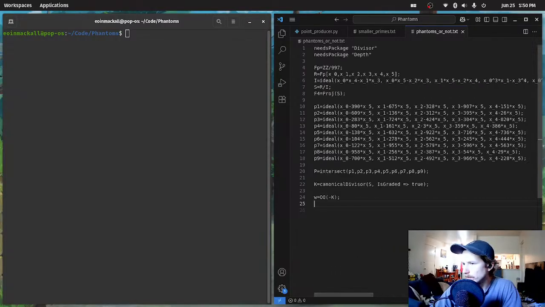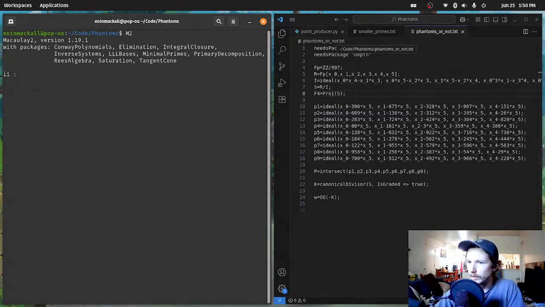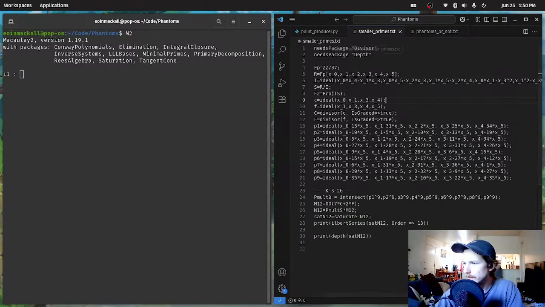So one of these should potentially be given by this ideal inside this ring. That should be the Segre embedding of another Hirzebruch surface, F4. But I'm not convinced that it is, or I'm not convinced that some functionality in Macaulay2 is working the way that I think it is.